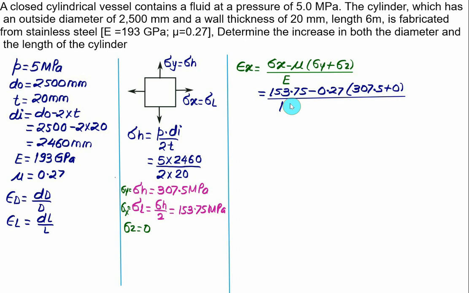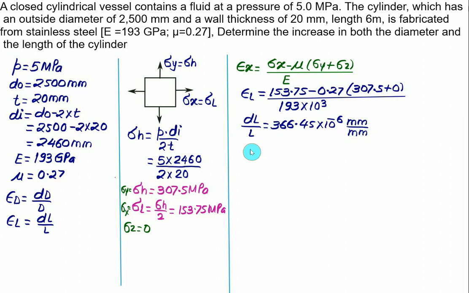So divided by 193 into 10 to the power 3, and epsilon x is the same as epsilon L, that is a longitudinal strain, and the longitudinal strain is dl by L. So we have dl divided by L, and the right hand side will give you the strain along the x direction, that will be equal to 366.45 into 10 to the power minus 6. We can write the unit as mm per mm, that is a dimensionless term.